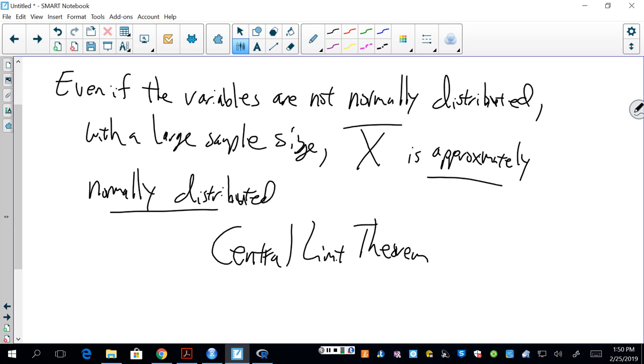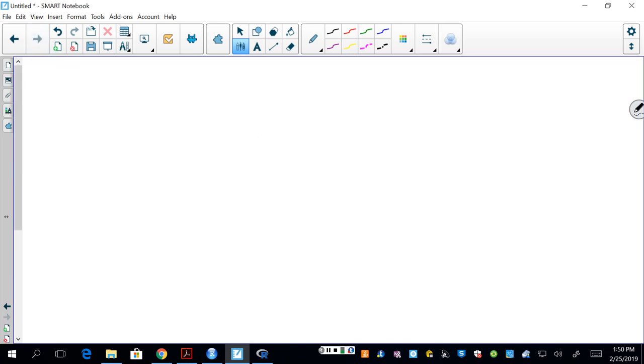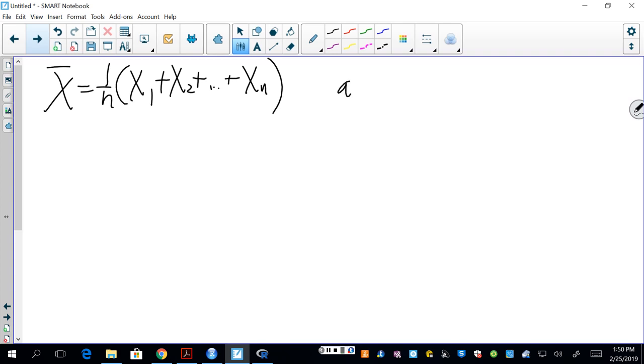So what we're going to do is talk about x bar as a random variable. We've had random variables that measure different things, and what this x bar does is take the average of a bunch of different random variables, the average of observations.